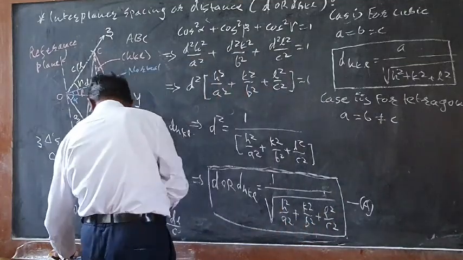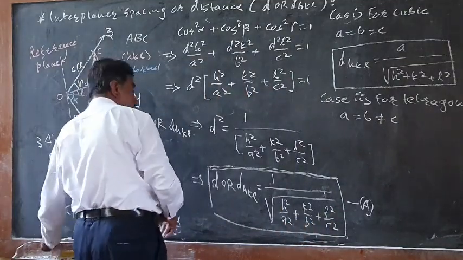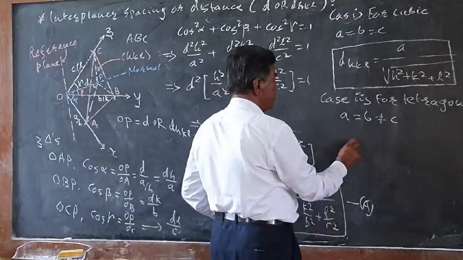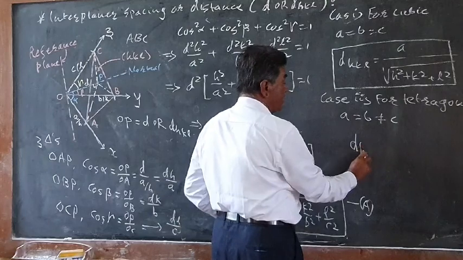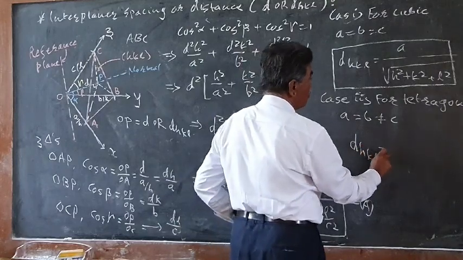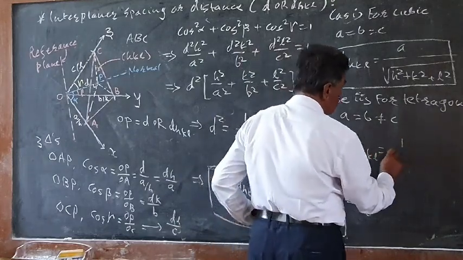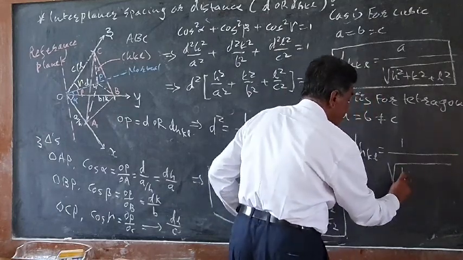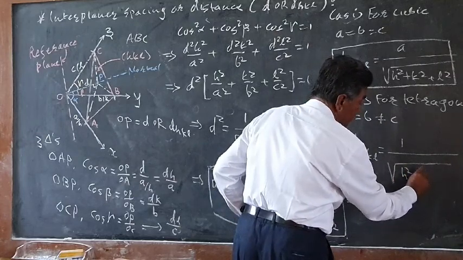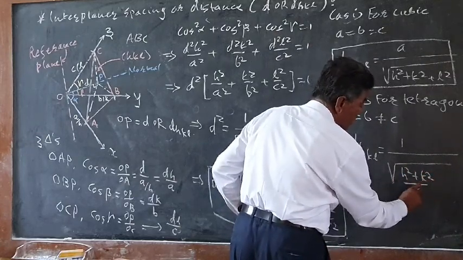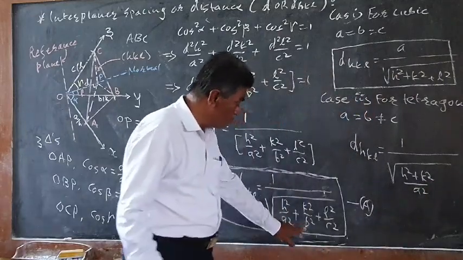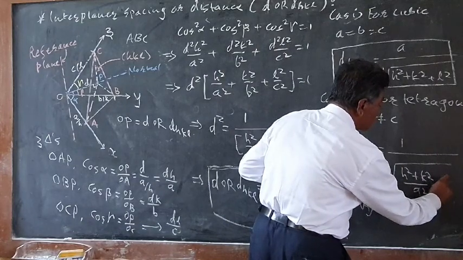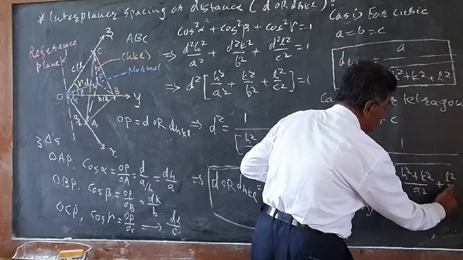When we put this condition in equation A, we are getting dhkl will be equal to 1 divided by the square root of h square plus k square divided by a square, because a is equal to b so we combine these terms, plus l square divided by c square.